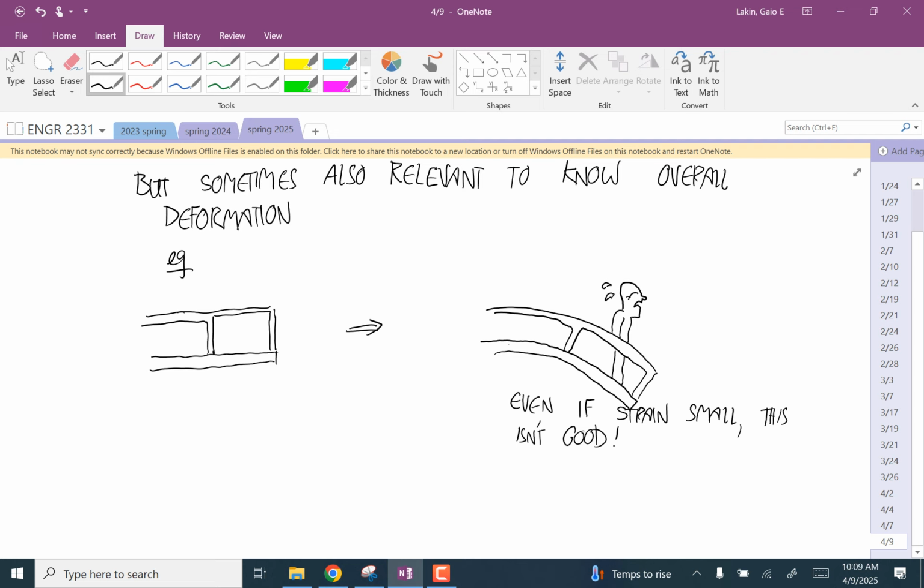If you have a very thin thing like this, this page deformed like this has very low strains. There's no point that has a large strain. Remember, as long as you have a linear relationship between stress and strain, strain corresponds to stress. This page isn't anywhere near breaking from me doing this, so it must be a small strain, and it is. But that doesn't mean that the overall deformations are small.